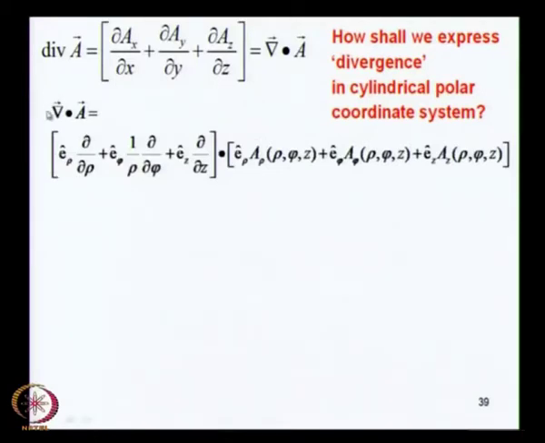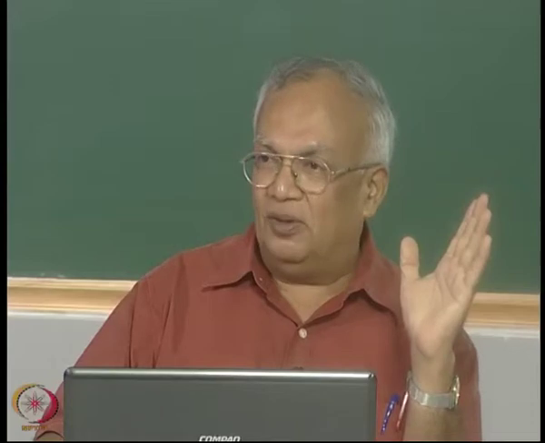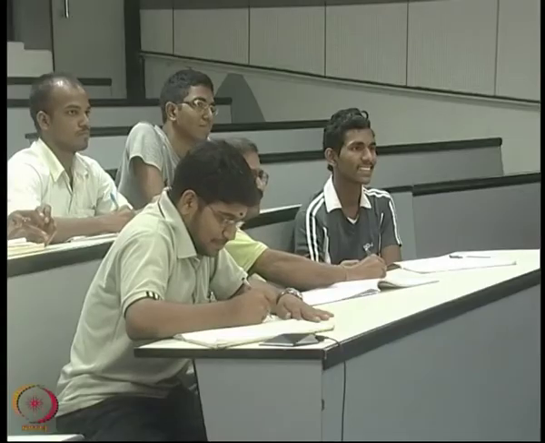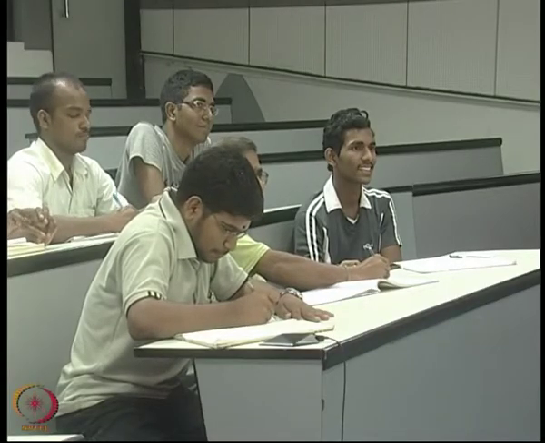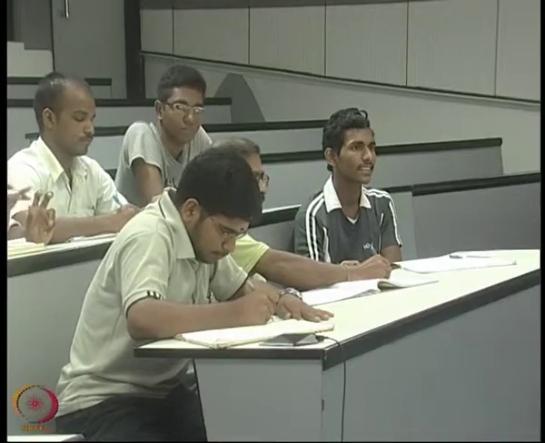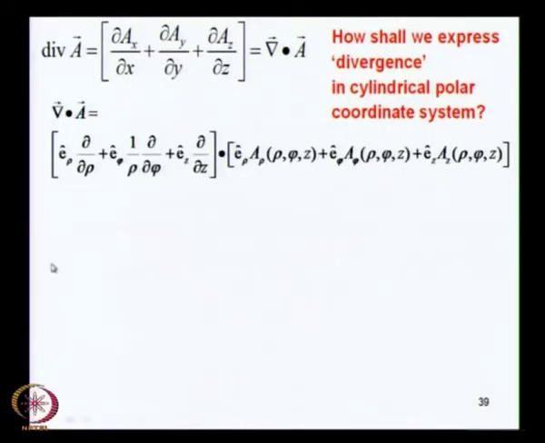So, we already know how to write the gradient in the cylindrical polar coordinate system. This is something that we spent quite some time discussing in unit 7. That was a long time back, once upon a time, but I hope you remember it. The gradient has a very simple expression in the cylindrical polar coordinate system.